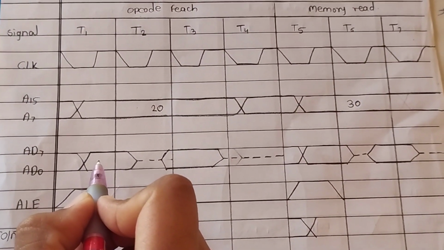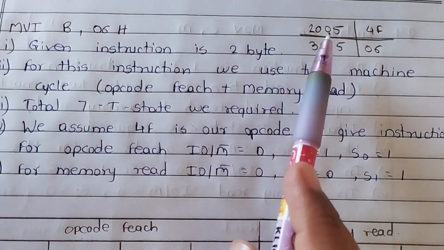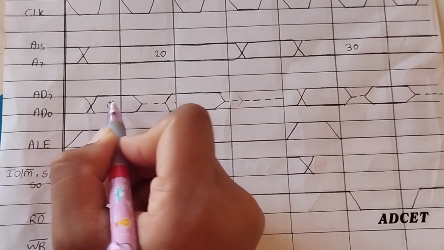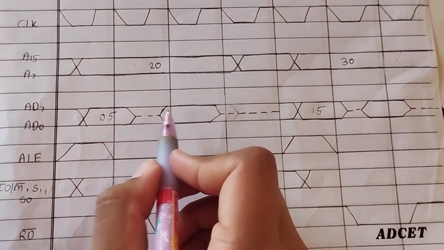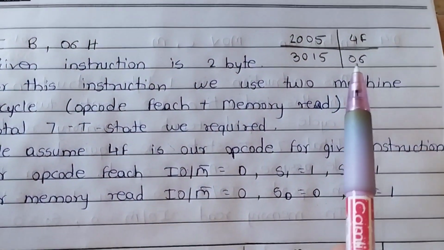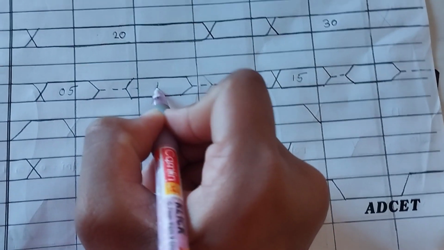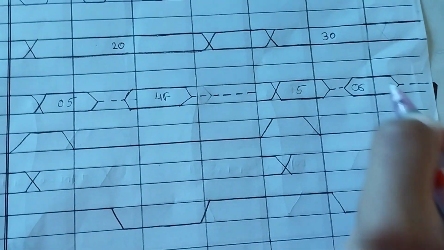Now here we write the least significant address bits, which are 05 and 15, and this is for our data, which first is our opcode and second is 06. 4F, 06.